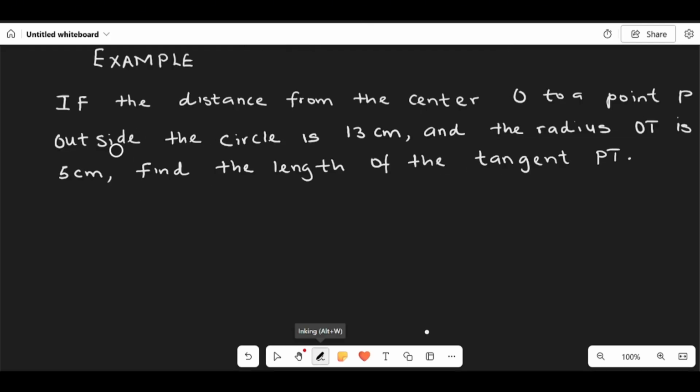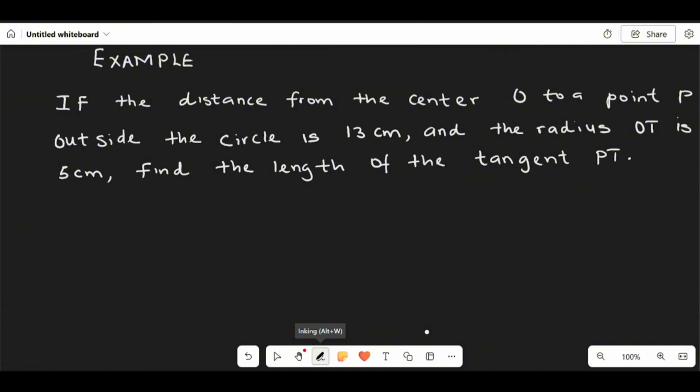Let us consider this example. If the distance from the center O to a point P outside the circle is 13 centimeters and the radius OT is 5 centimeters, find the length of the tangent PT. Let us represent it diagrammatically.